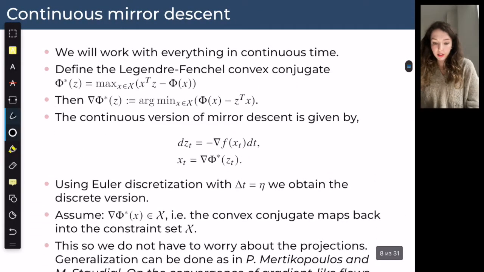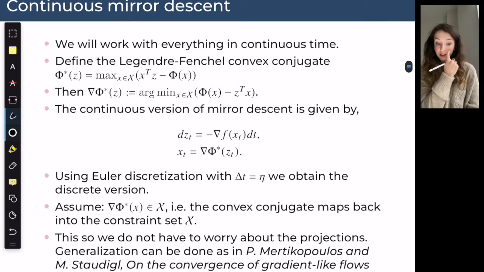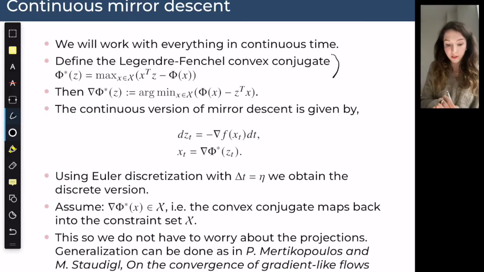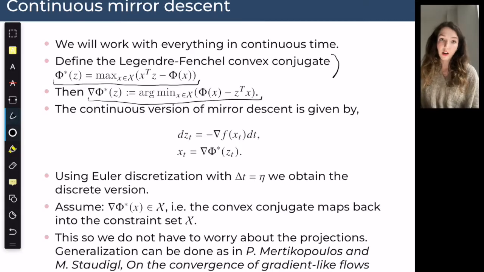Another thing that we can do, and specifically we do this because this is the way we will do the analysis in the rest of this presentation, is we can look at mirror descent in continuous time. So if we define this Legendre-Fenchel convex conjugate of the mirror map to be this thing over here, and the gradient of that to be this minimizer, then essentially we can rewrite mirror descent in continuous time in the following way.